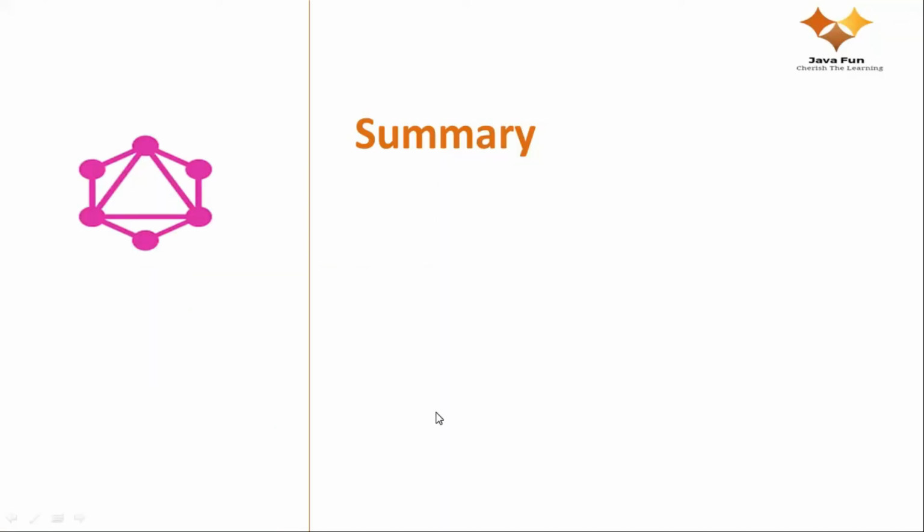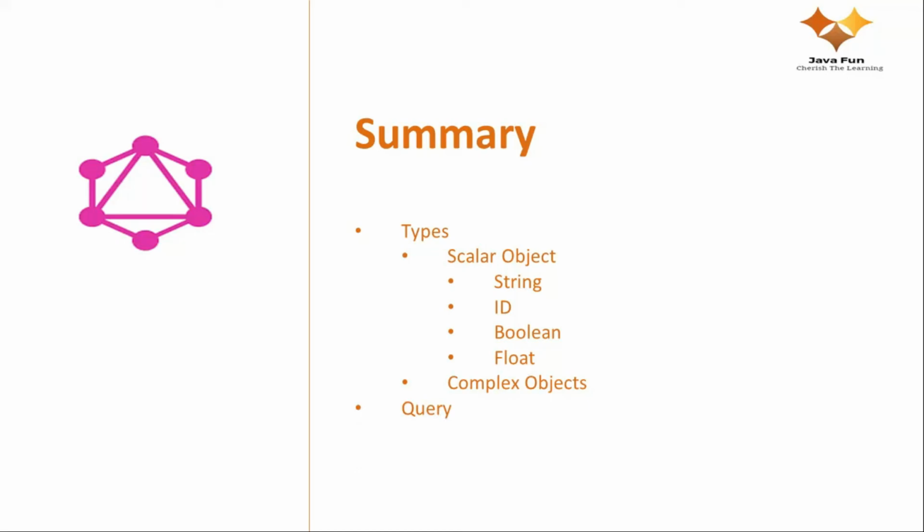Now, in the summary, we have seen the building blocks of GraphQL. We have seen what is type, what are the scalar objects, what are the data types supported by GraphQL: string, ID, boolean, float; what are the complex objects, how the complex objects are created using the scalar objects, and what is the query.